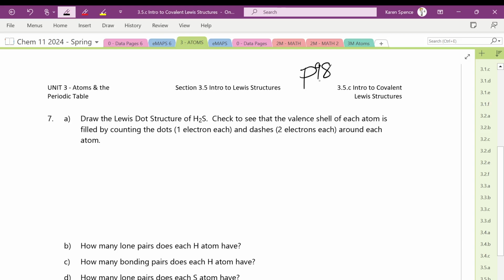There's 2 H's. So first of all, H is number 1. All right, let's start. So we're talking about this. Well, you're going to draw it, and then you'll see how many.